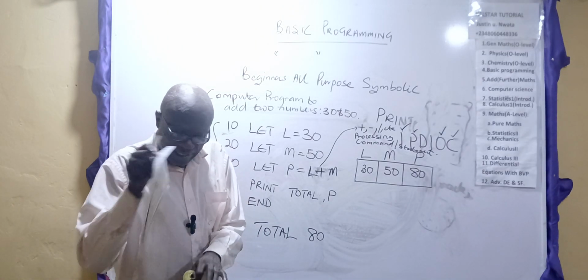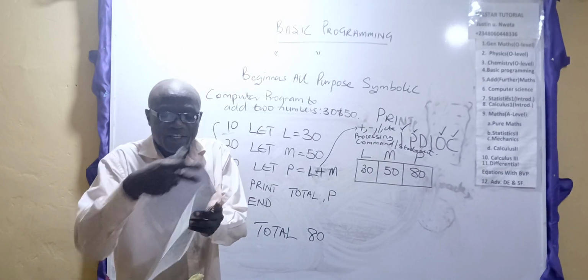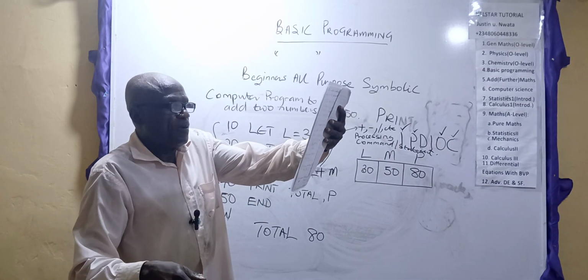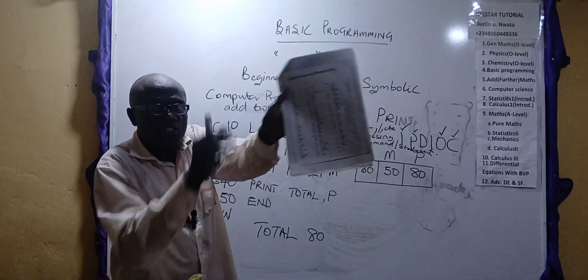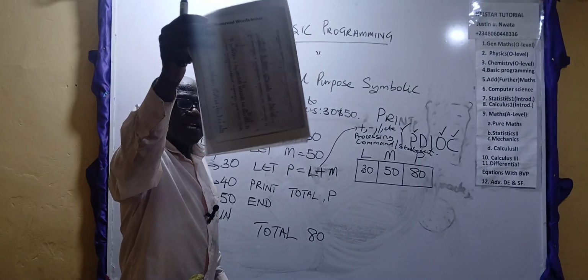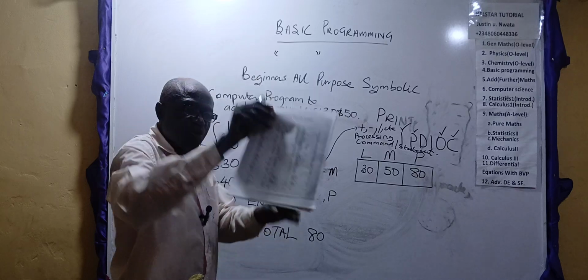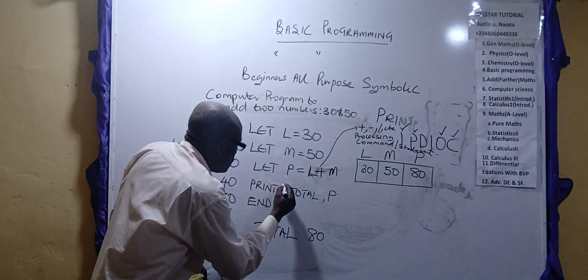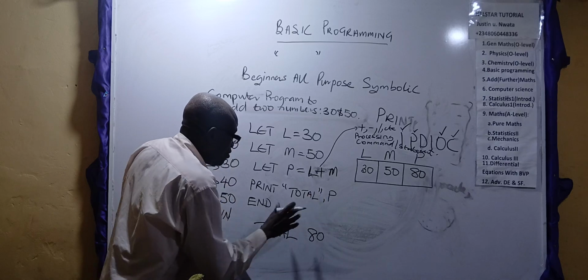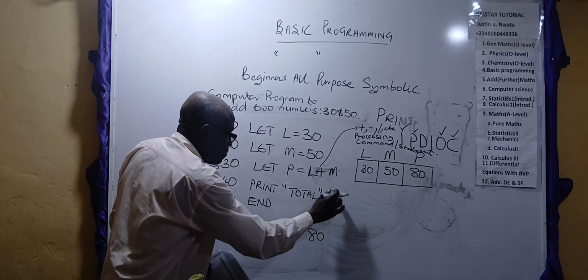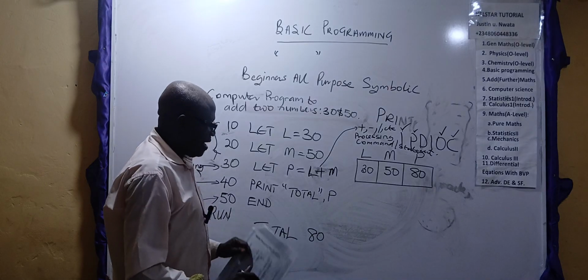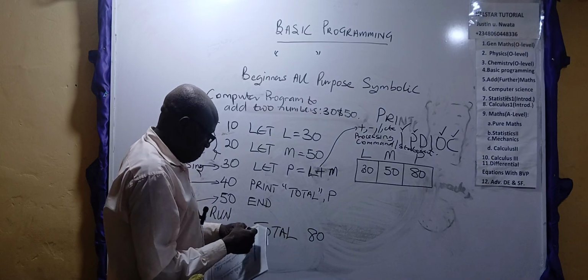By keyword, as I explained to you, when you look at these words here, you see total is not here, so it does not understand what it means. The only way total can make meaning to it is if I should handle it as copy and paste, in quotation marks. You do not carry the total, drop it for you. They drop what is inside P. And that's the end of the program.